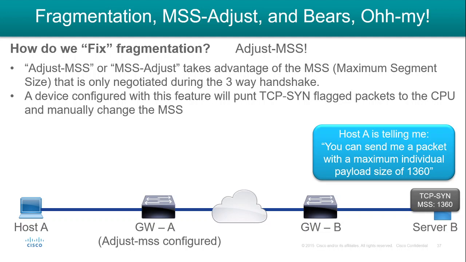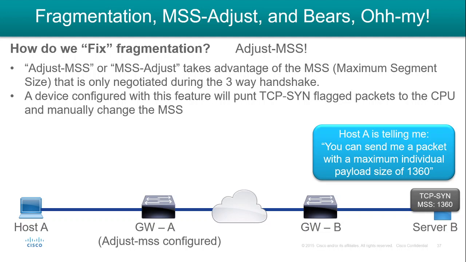The client said, you can send me a packet with a maximum individual payload size of 1360. This means that anything sent by the server will now be a maximum of 1360 bytes, or about 1400-ish when you include the IP headers, and probably 1416 or 1418 with Ethernet headers.